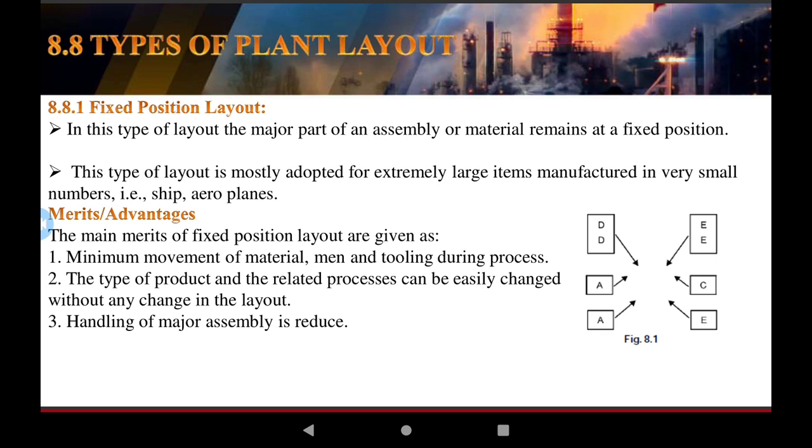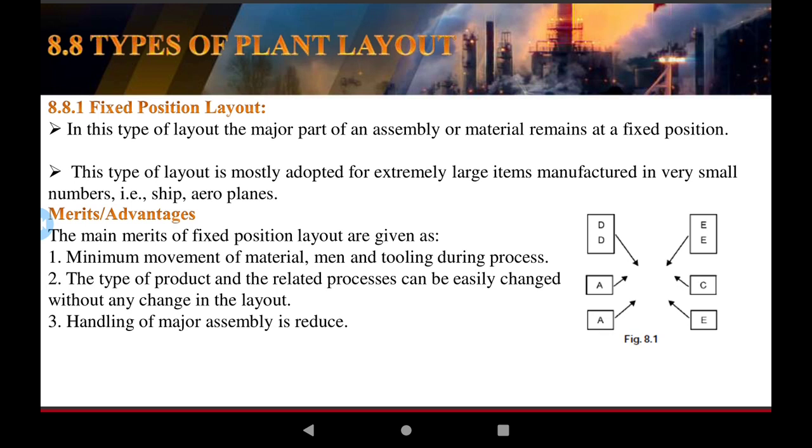This type of layout is mostly adopted for extremely large items manufactured in very small numbers, such as ships, aeroplanes. In this fixed position plant layout there is production of a large number of components.